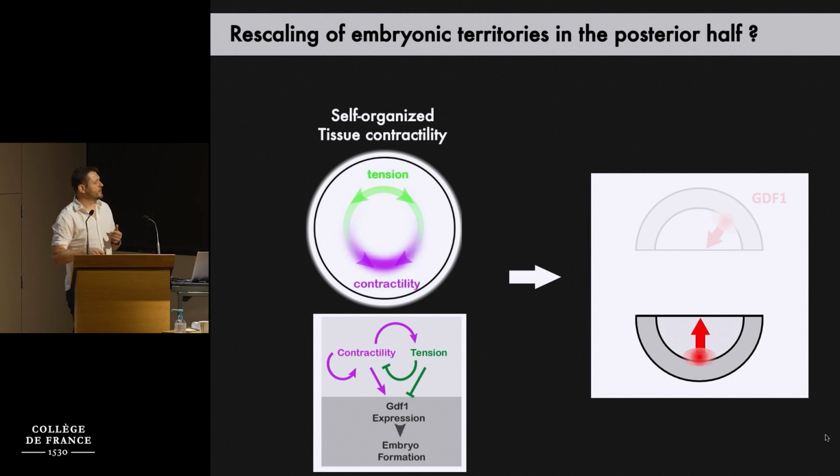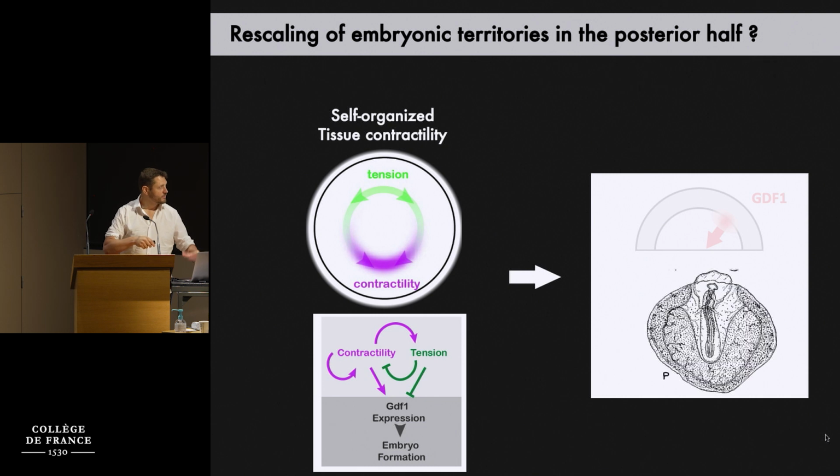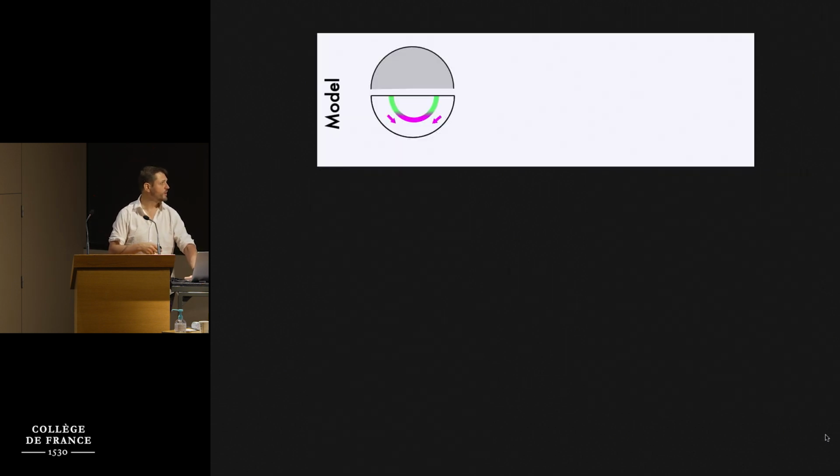Now, finally, the last thing that we were wondering, that nobody has checked, is whether the same model of self-organization could explain how the embryo rescales in the posterior. Because, as I said, this is an outcome of self-organization, and we know that the embryo will rescale, and the size of the tissue will rescale to the size of the new tissue.